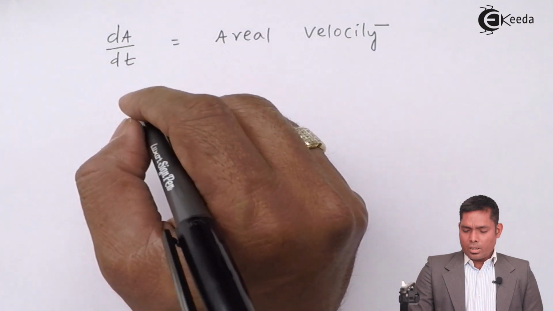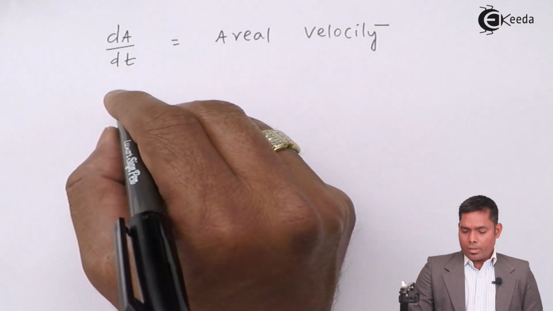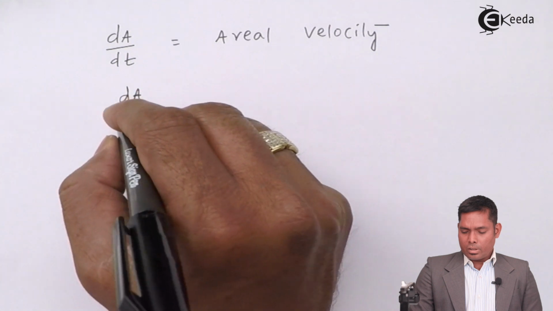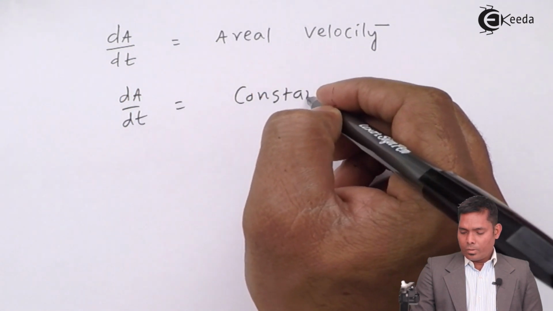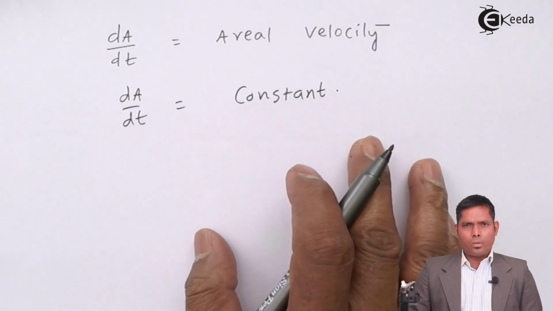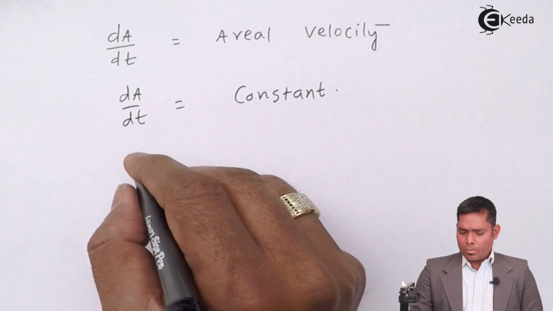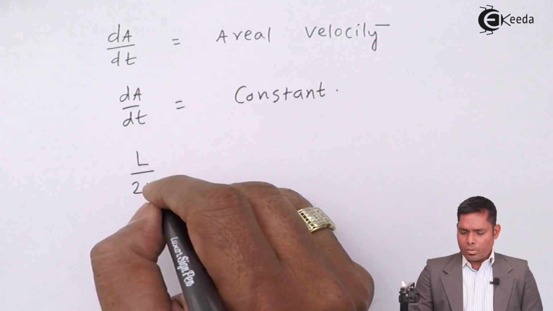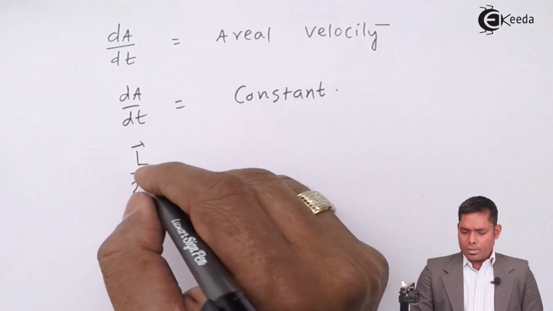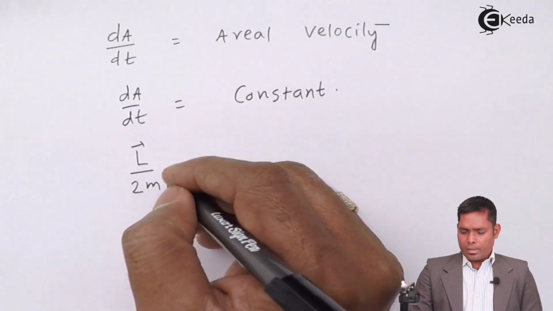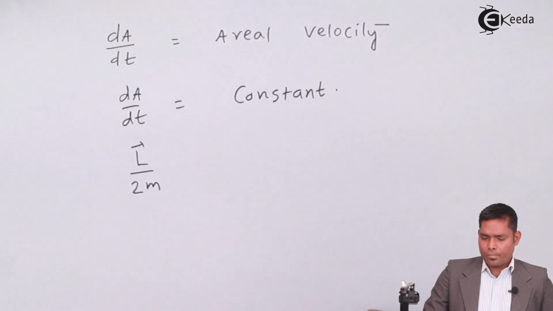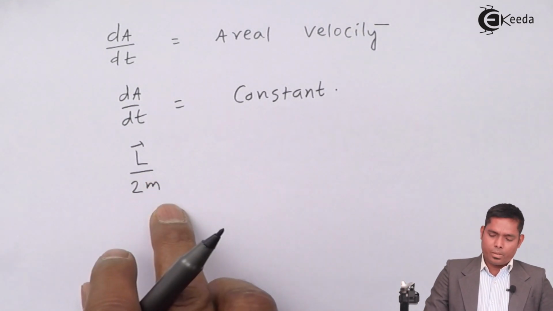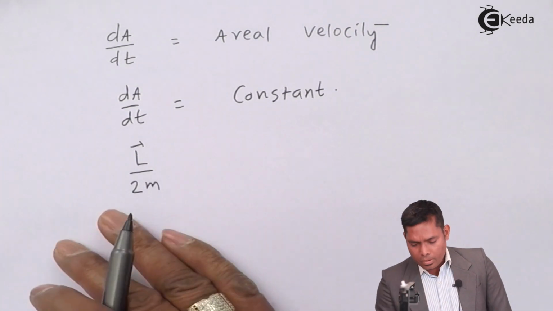This areal velocity is constant. The areal velocity comes out to be L over 2m, which we'll also discuss afterwards. L is the angular momentum and m is the mass of the planet. It's L over 2m. This is also important.